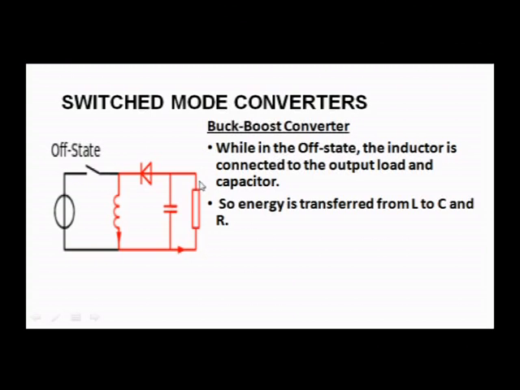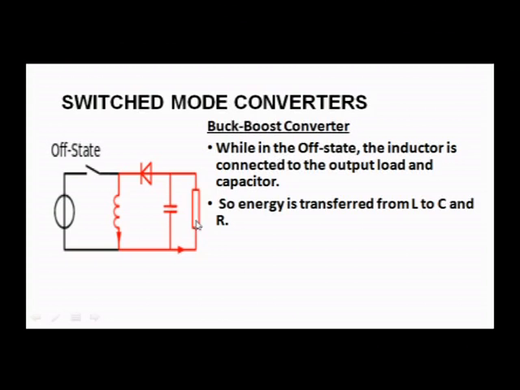A negative voltage is going to be there. Please see the direction of current here. Previously it was in this direction, now it is in the reverse direction, and the diode is also going to be forward biased.